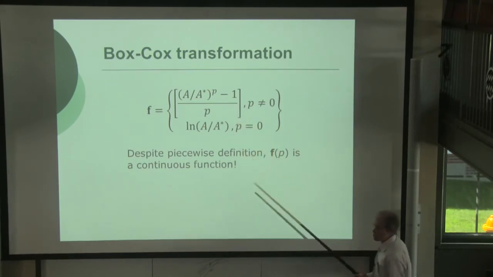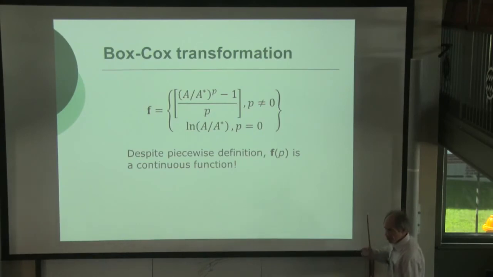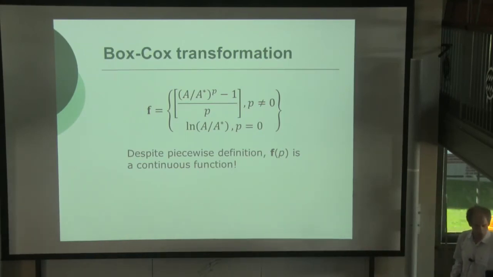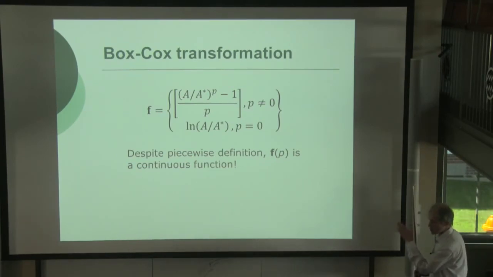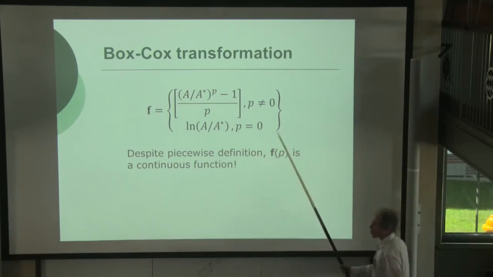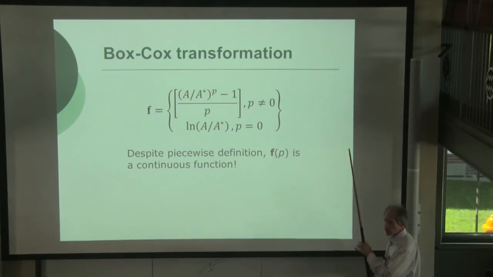And despite its piecewise character, it's a continuous function. So finally, I found out that I can use this universal transformation and vary the parameter p for each transition separately and find the best way to make the distribution for each transition close to normal, with few exceptions.